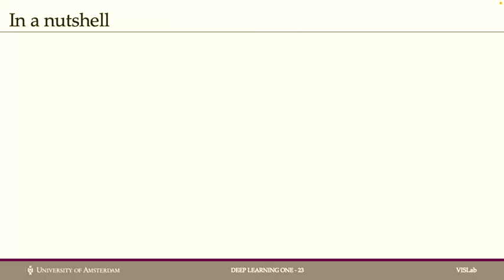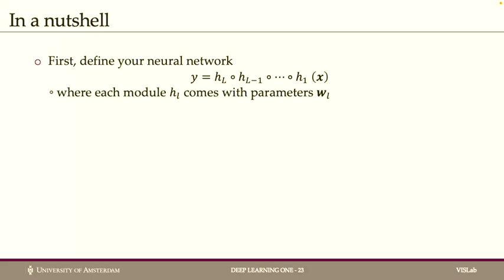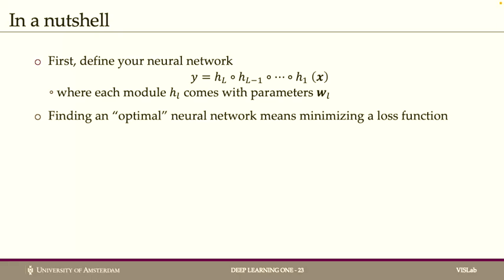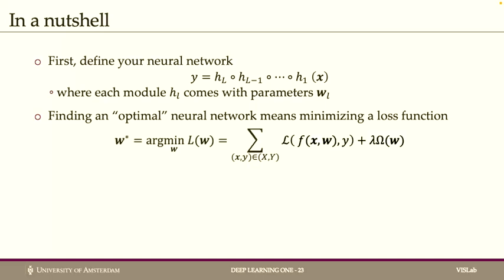All right, another summary here. What we did is first we define our neural network as a combination of modules. We will try to find an optimal neural network that optimizes a loss function based on the empirical data we're seeing. In this case, argmin is not exactly accurate.